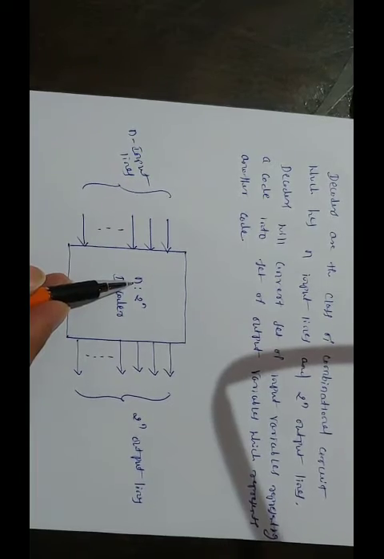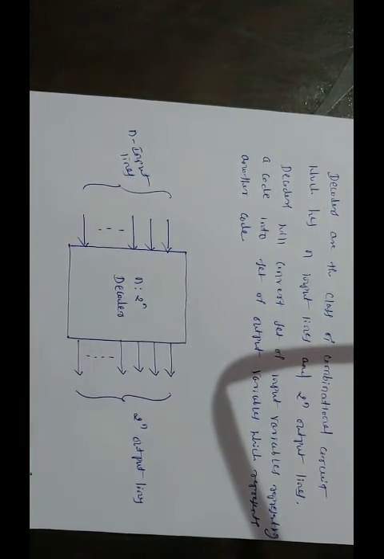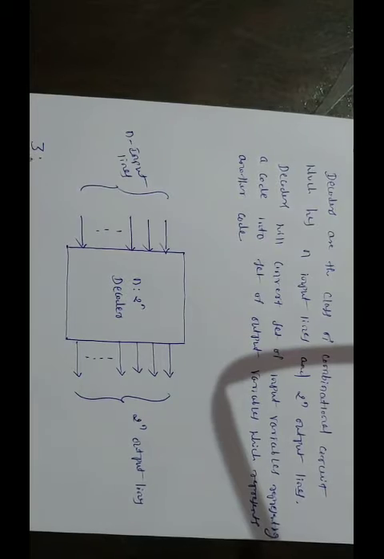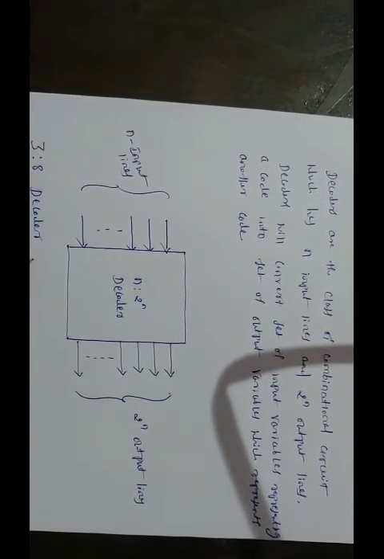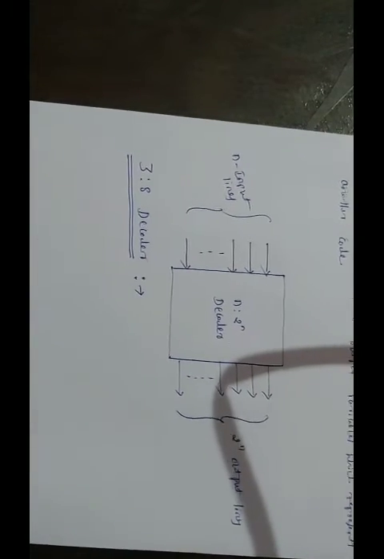If I choose n equal to 3, it becomes 2 to the power 3 equal to 8. So it is a 3 to 8 decoder. We are going to discuss and design the 3 to 8 decoder.